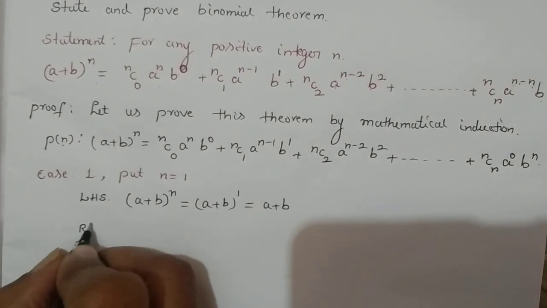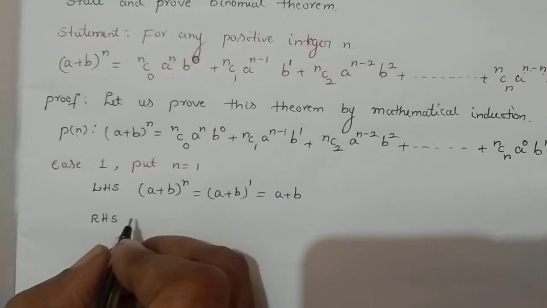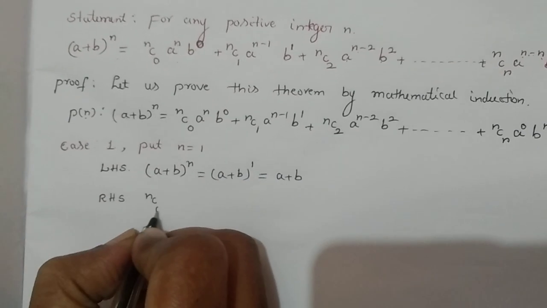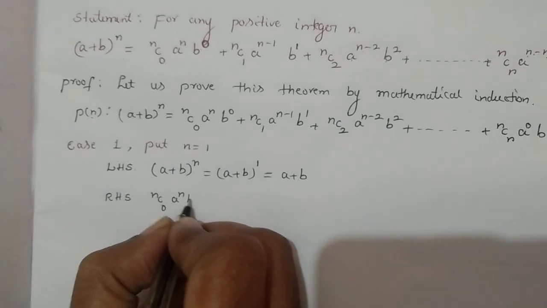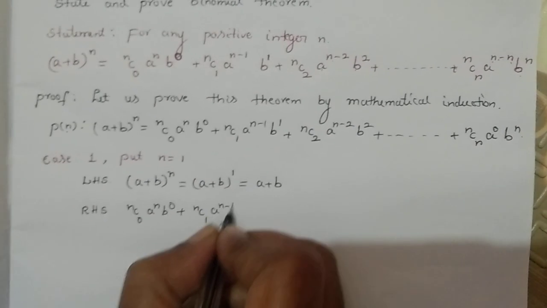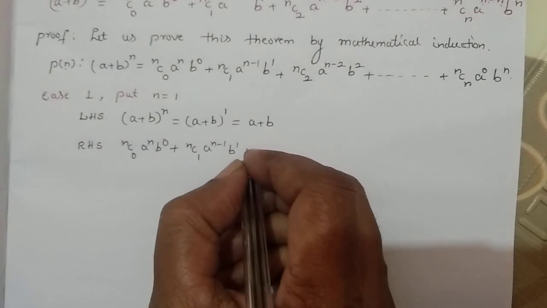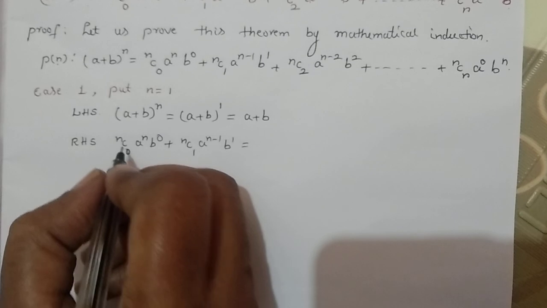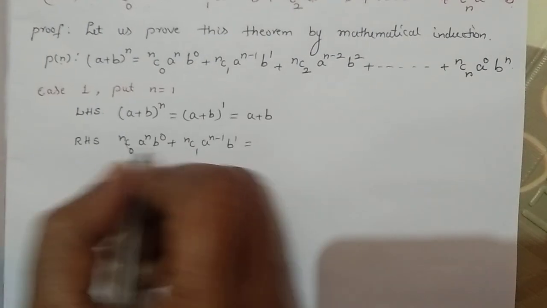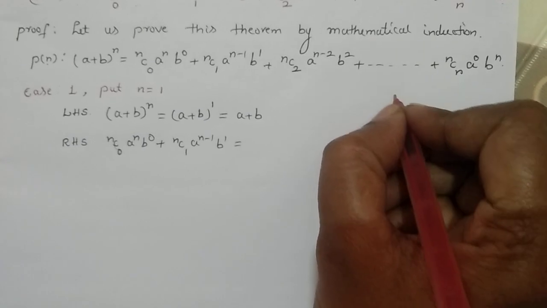Next, the right hand side. The right hand side has n terms, so we can't take all the terms. So take 2 terms. You can take the complete right hand side also, you will get the same thing. If I take 2 terms, nC0. What is the value of nC0? This is the combination term, so we have to do it separately.